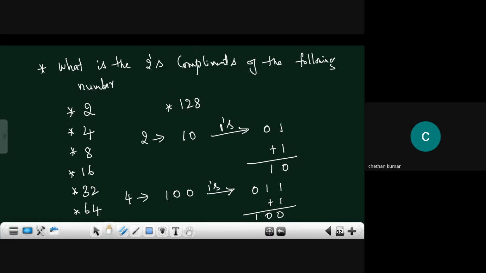Are you able to follow the number system? If I give some questions, could you put your knowledge to use and solve problems on conversions and complements? So we'll continue tomorrow with sign bits, 1's and 2's complement, other complements, and subtraction using complements, in the next session.